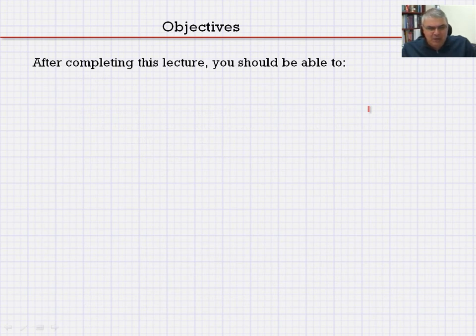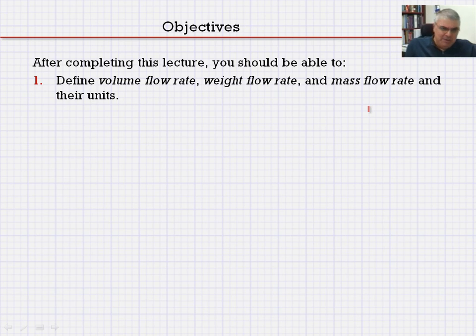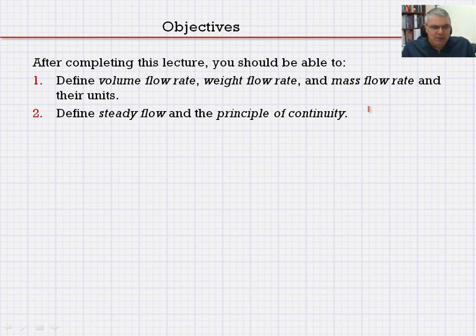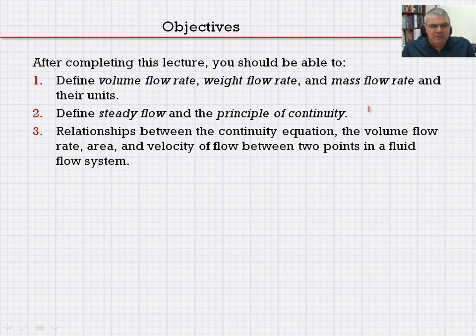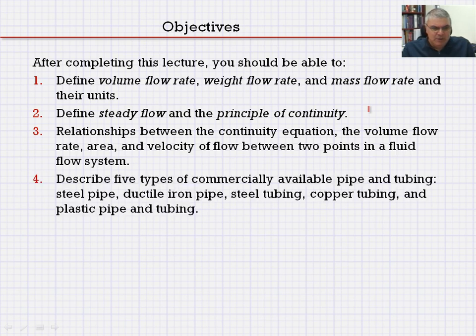After you're done with this lecture today, you should be able to define flow rate, weight flow rate, and mass flow rate. You would also learn about steady flow, how to define it, and principles of continuity, the relationship between the continuity equation, the volume flow rate, area, and the velocity of flow between two points in a fluid system.